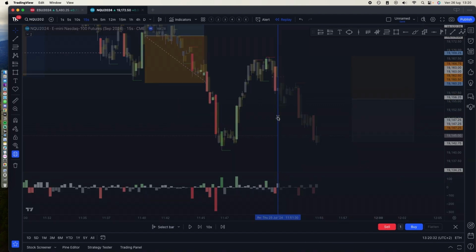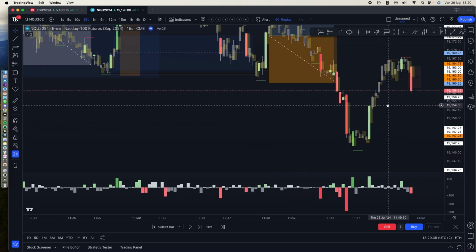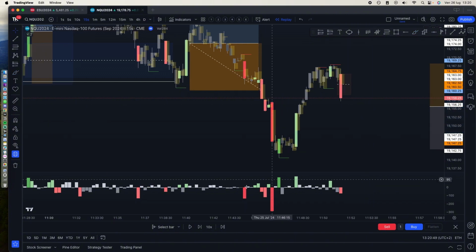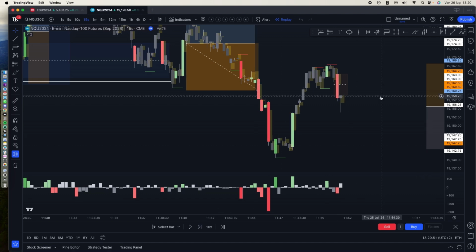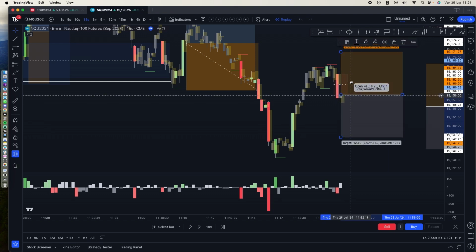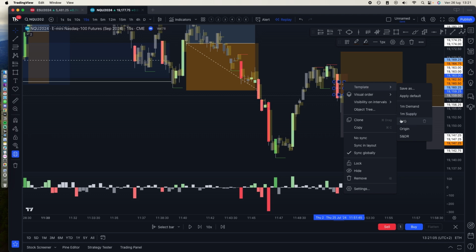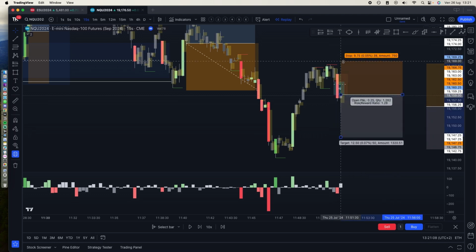So here we don't know that it is a fair value gap, so we have to wait for the price to touch the zone and go down. The next candle doesn't do that. Okay, doesn't matter, and just place my order here on the fair value gap. Okay, stop loss here, take profit.